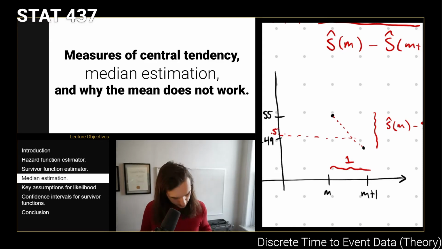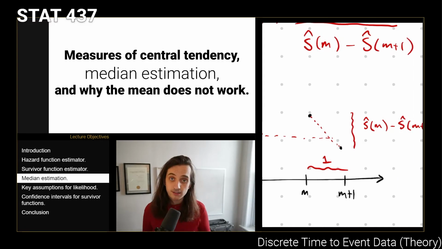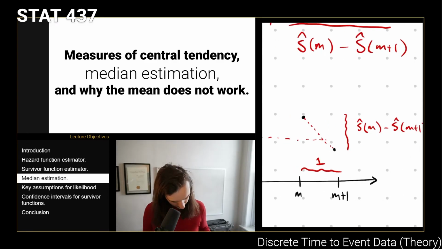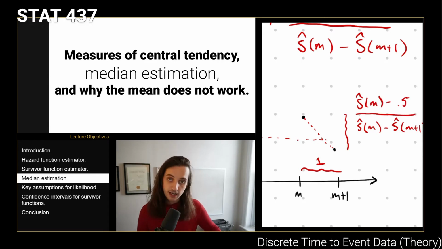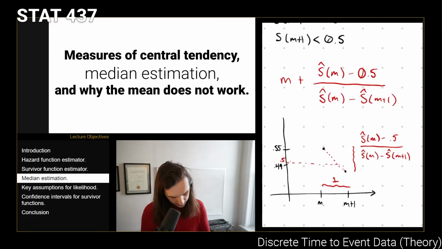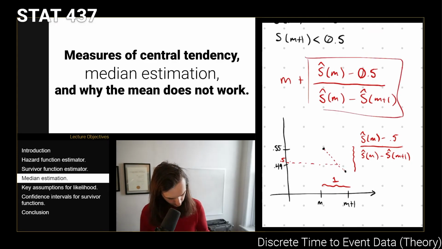The idea is that 0.5 along this straight line falls at the proportion of S of m minus 0.5, as a proportion of S of m minus S of m plus 1, the total distance traveled there. So you're just doing linear interpolation, and by doing this, it gives us a closer value.